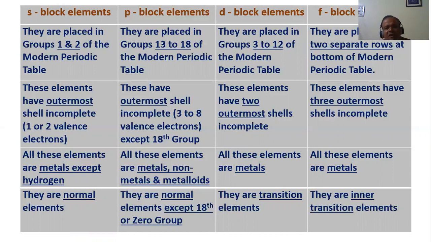So on the basis of their electronic configuration, the elements can be classified into S block elements, P block elements, D block elements, and F block elements. I hope it is clear to you. What we learned in the previous screen was also one way of classifying, where you classify into inert gas elements, normal elements, transition elements, and inner transition elements.